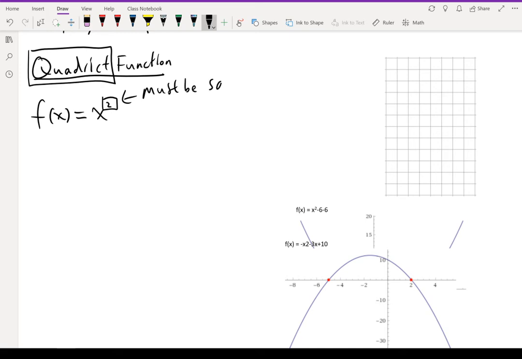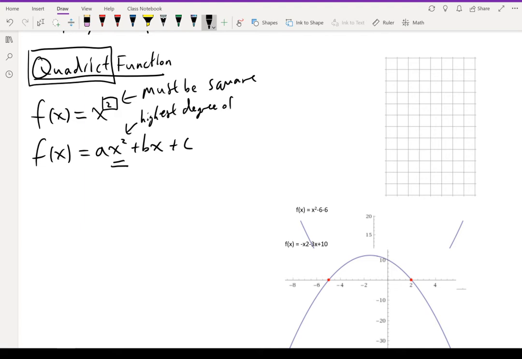Quadratic functions can come in different forms. Our general quadratic function is f of x equals ax squared plus bx plus c. This has a highest degree of 2, so it is a quadratic function.